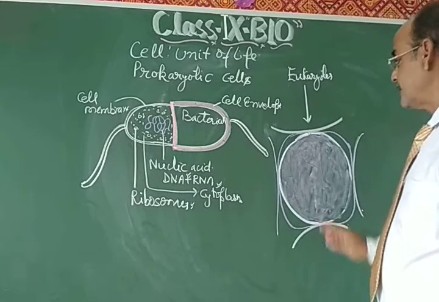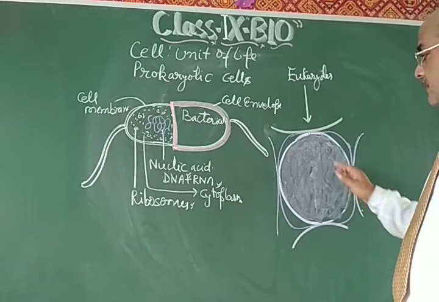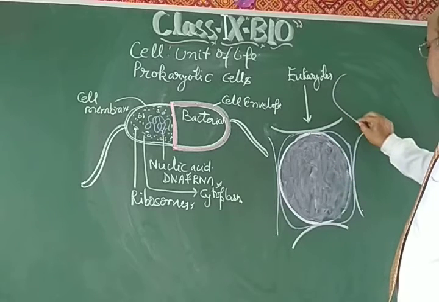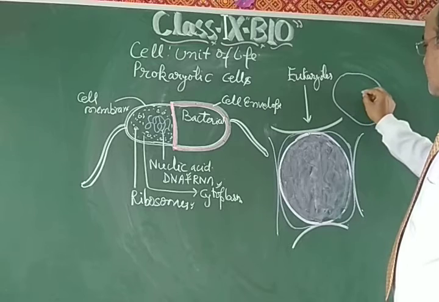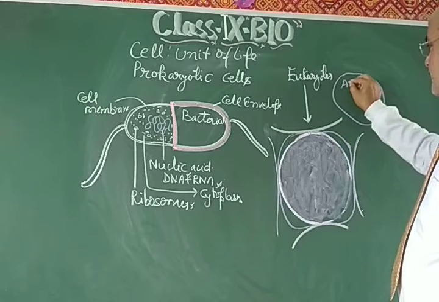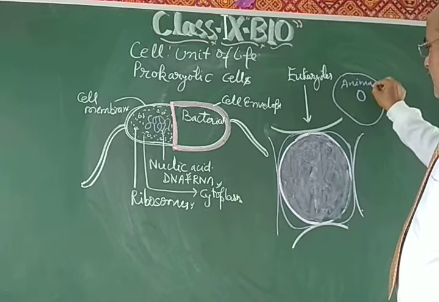You can say this is the eukaryotic cell. This is the plant cell, and another eukaryotic cell is the animal cell, that may be oval or something else. This is the animal cell, and this is the plant cell.